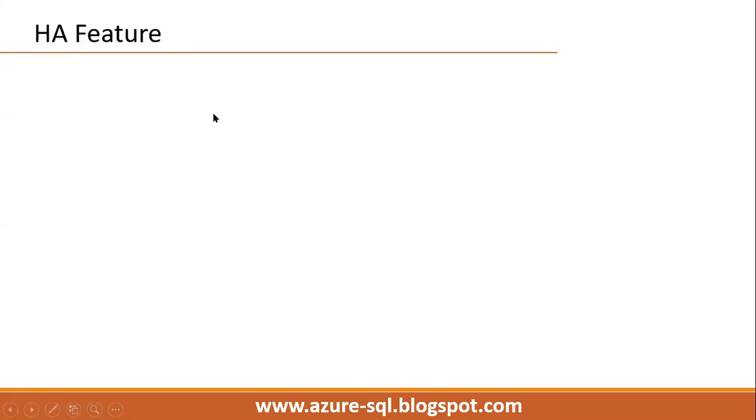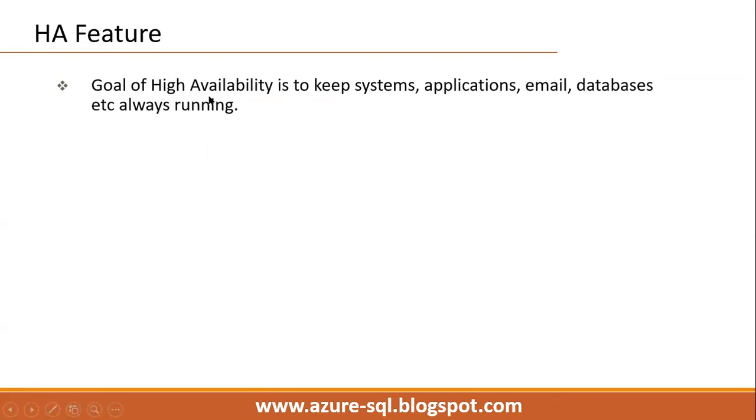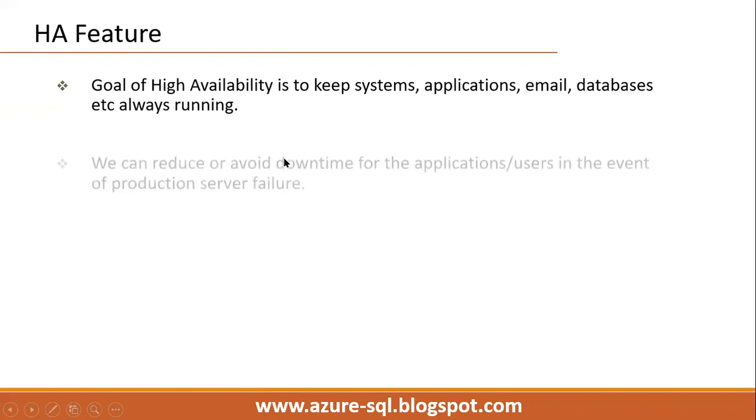What is high availability? We have already discussed this while discussing the log shipping concept. Basically, I will go through it very fast. The goal of high availability is to keep systems, applications, emails, databases, etc. always running, means always available, either from server 1 or server 2, but available to the applications and the users.